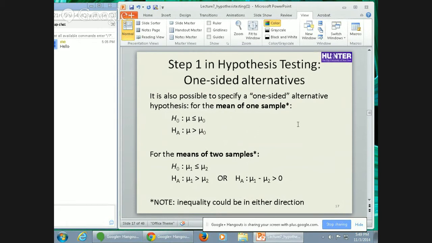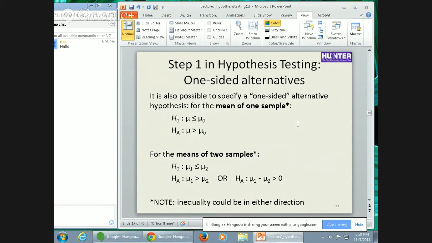Question? So in the example of the malaria and anemia thing, weren't they actually interested in whether the treatment protocols improved anemia, so that there would be fewer cases of anemia? So wouldn't a one-sided test have been more appropriate? Good question.